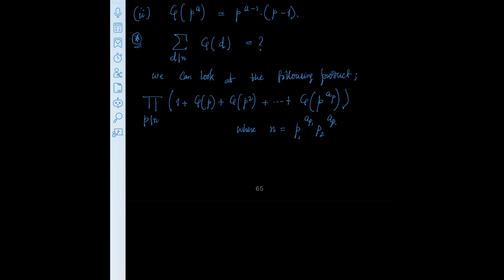So n is p1 to the power ap1, p2 to the power ap2, up to pk to the power apk.